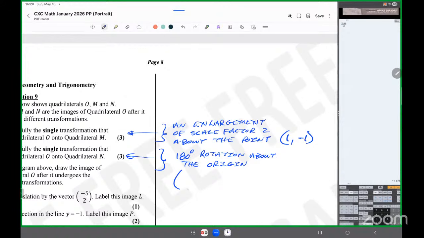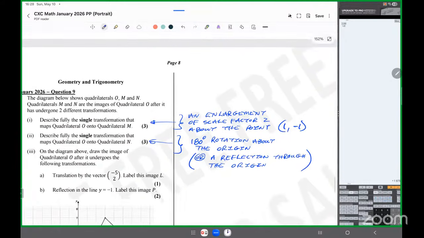I could also say the reflection to the origin, or you could say a reflection through the origin. Remember, 180 degree rotation about a point, it's the same as reflecting through the point. That's what the second one is.